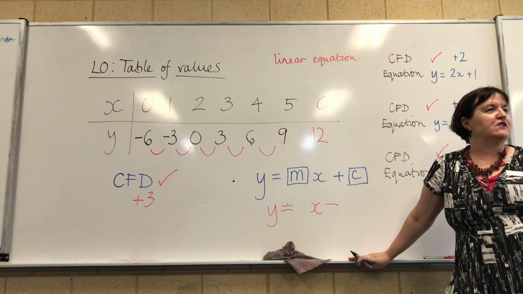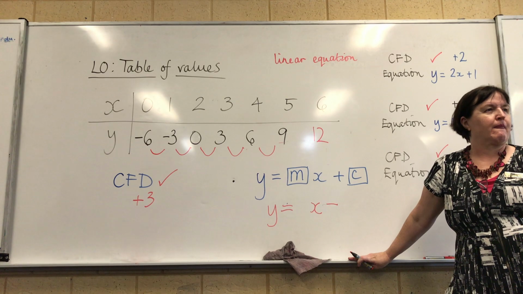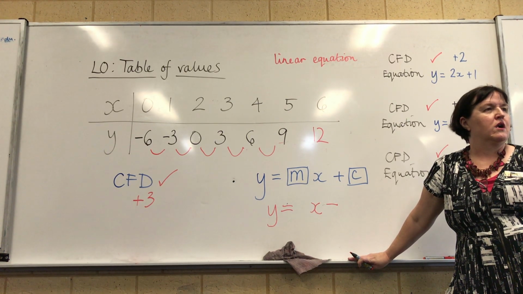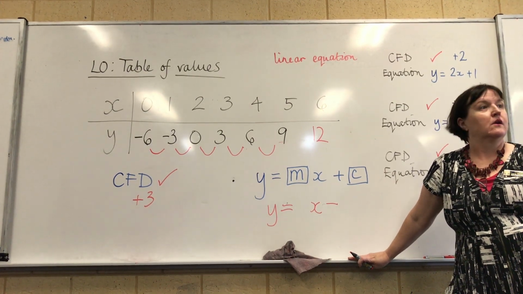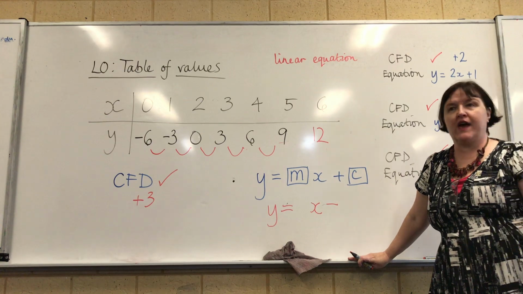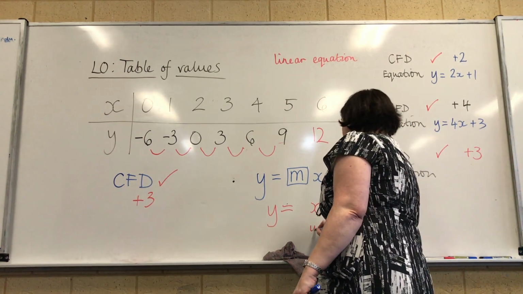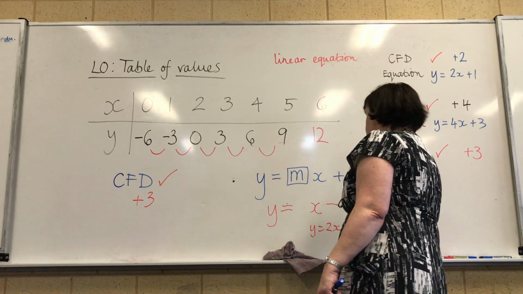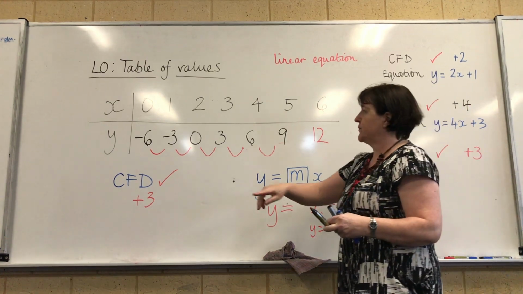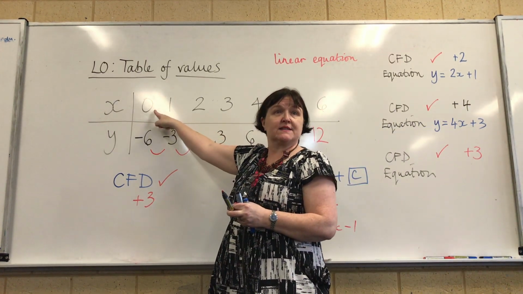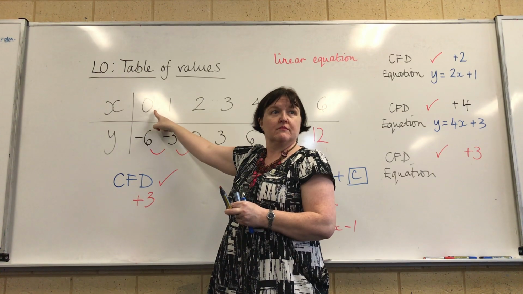Let's have a think. Marlo, what do you think it is? Y equals 2x minus 1. Okay, so Marlo thinks it's y equals 2x minus 1. Let's have a look and see if that works. What's 2 lots of x? 0.